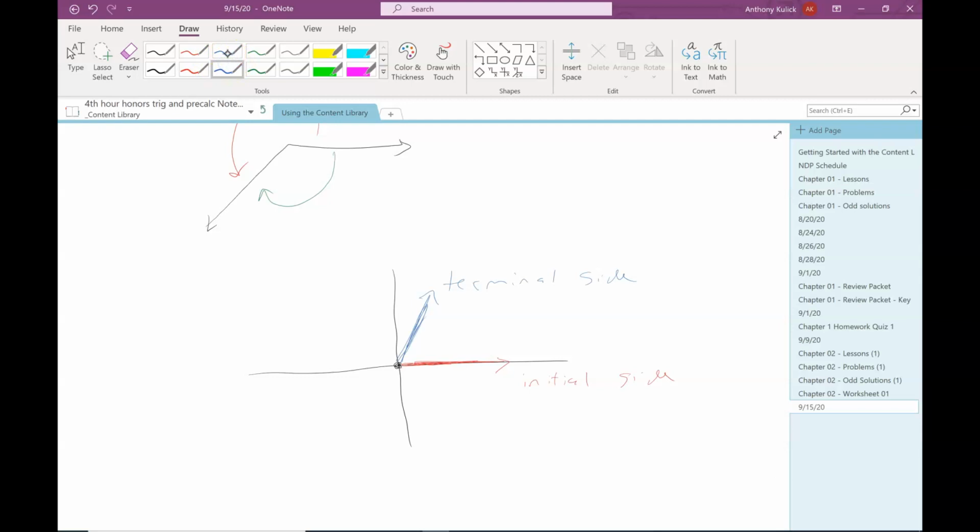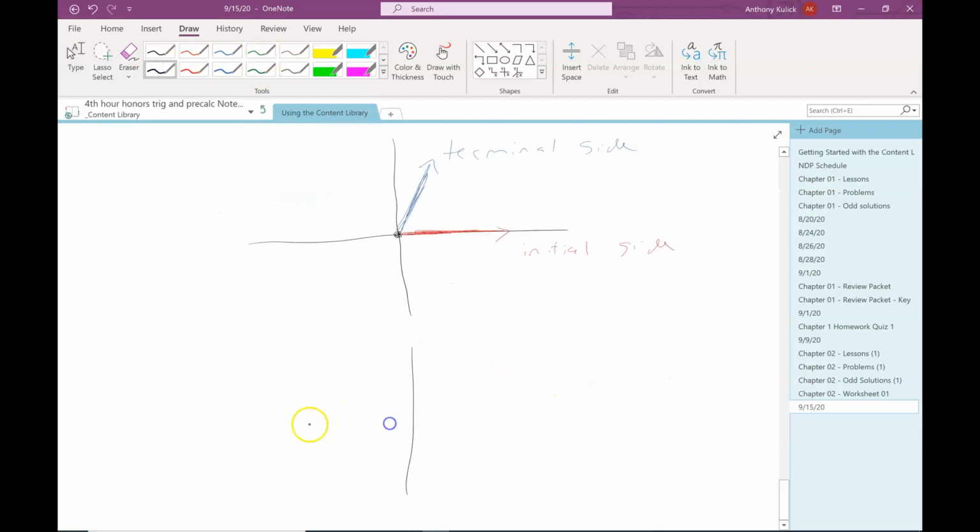So for example, if I wanted to draw a 310-degree angle, I'm going to have my initial side, and then I'm going to rotate 310 degrees about the origin.